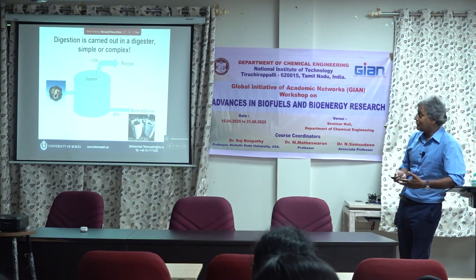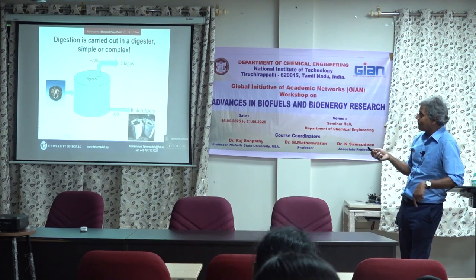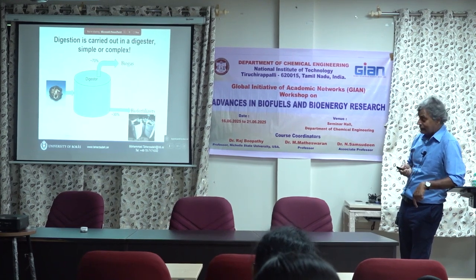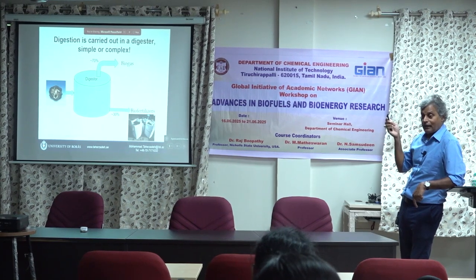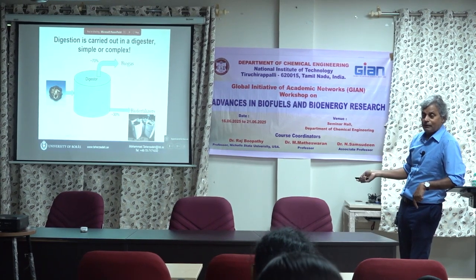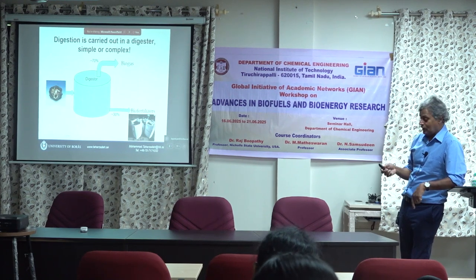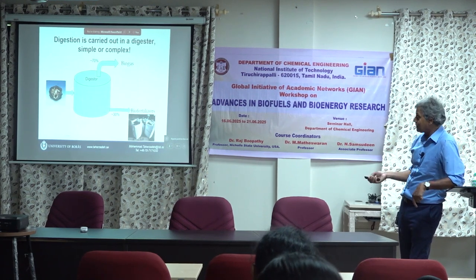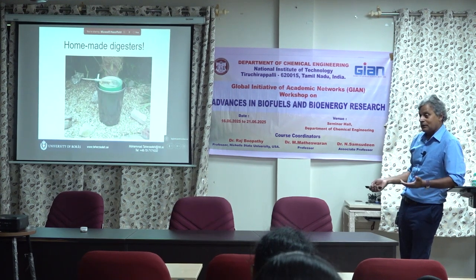The simple is better, and then you get these two end products, including your biofertilizer. And 70% of your carbon goes to biogas, 30% of your carbon ends up in your digestate. So everything could be used, and it could be a biorefinery process.